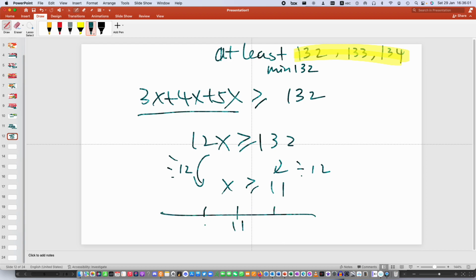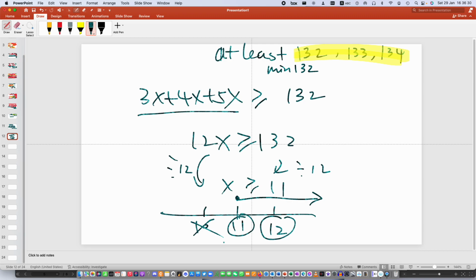What's the next one? Left and right? 11, 10. 10 is on the left, 12 is on the right. So equal sign, solid. Right or left? Right, because it's bigger. So the possible answer for x is 11 and then 12. Is 10 included? No.